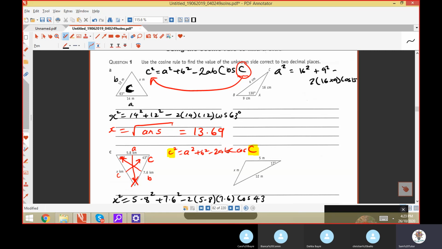Then you do a is equal to the square root of all of that. We get 522.1228, and you take the square root of that. a is equal to 22.85 centimeters to 2 decimal places.